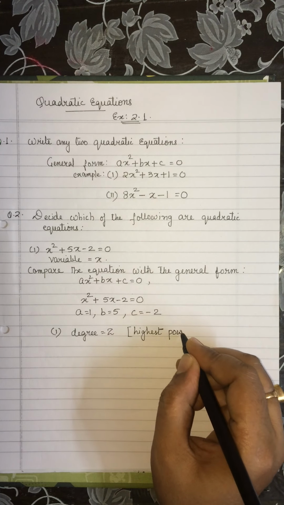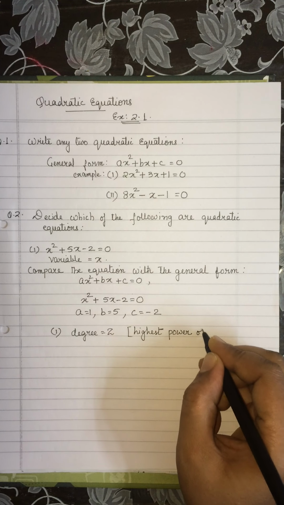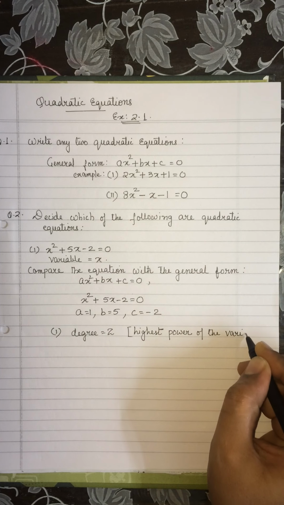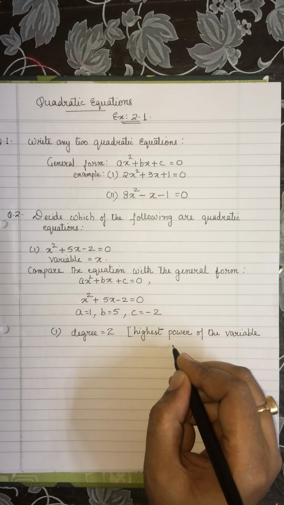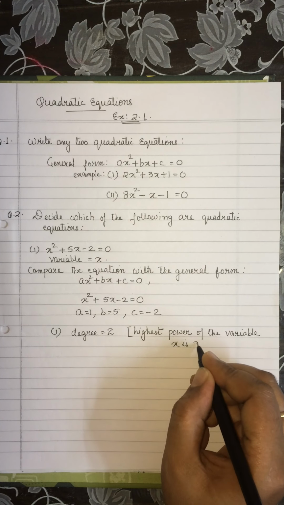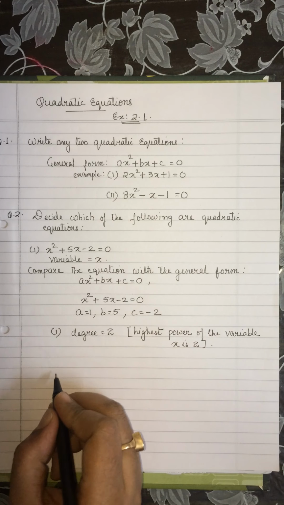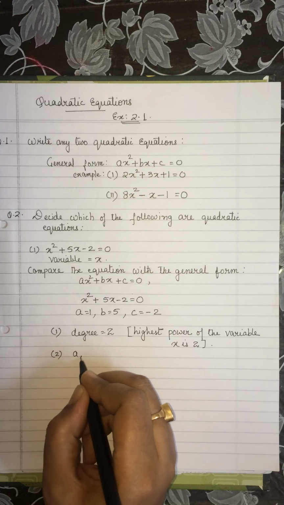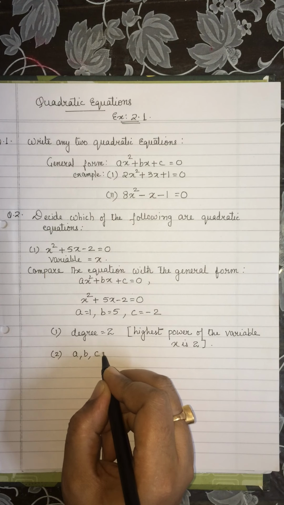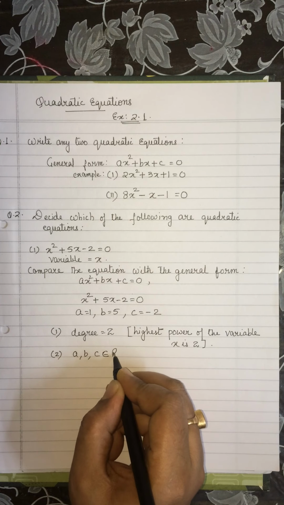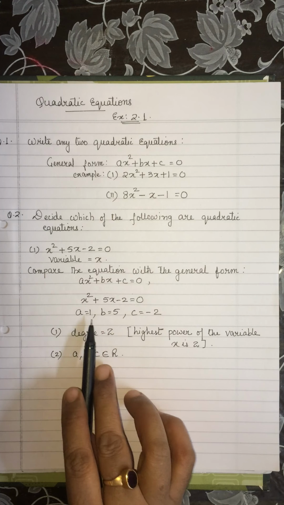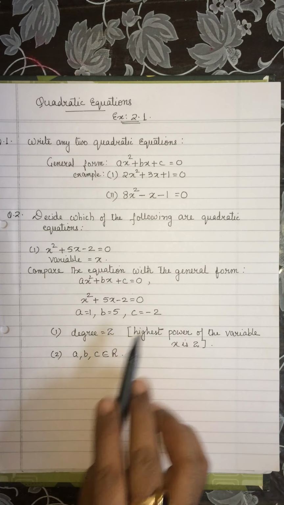You can understand it as the highest power, or the index also. Highest power of the variable x is 2. Fine. The second condition is a, b and c must be real numbers, children. The value of a, the value of b and the value of c, all three are real numbers.